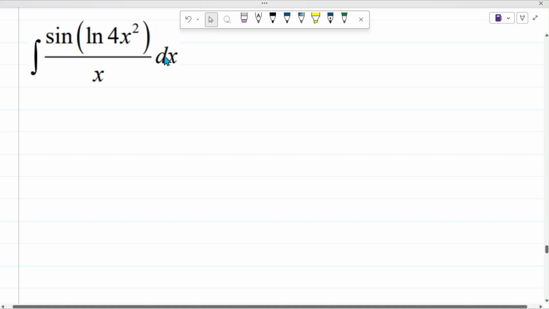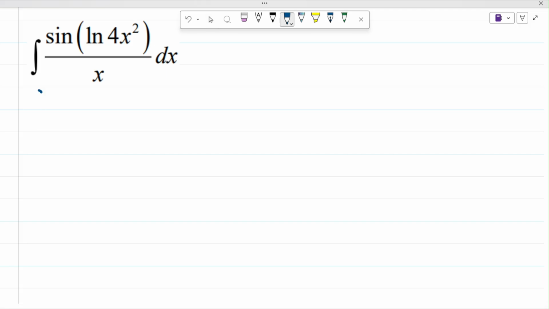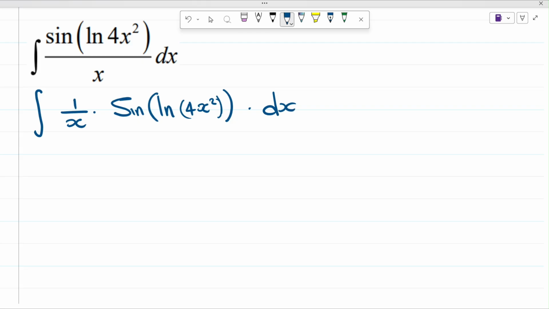Before we conclude, let's first rewrite this nicely to make sure that we are satisfied with our conclusion. So this is going to be 1/x multiplied by sine of ln of 4x squared, okay, dx.